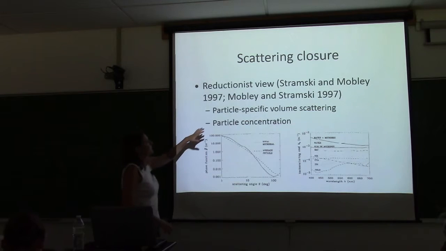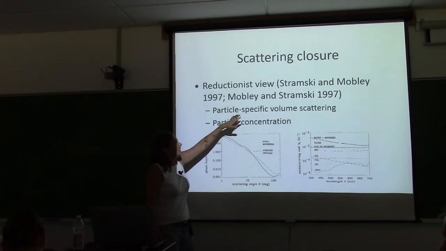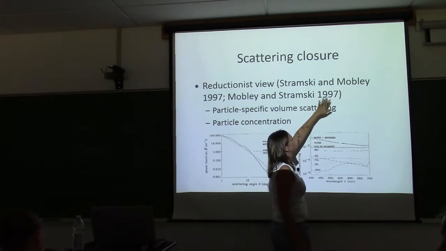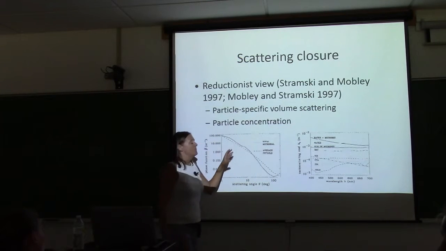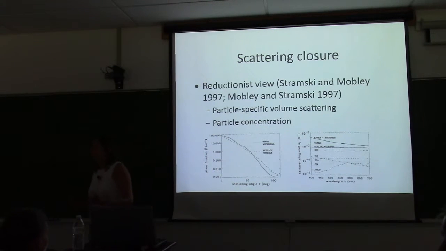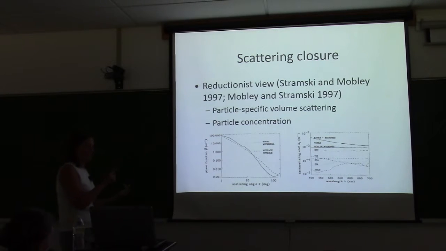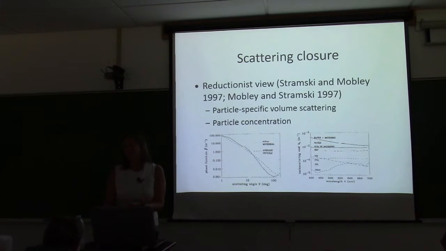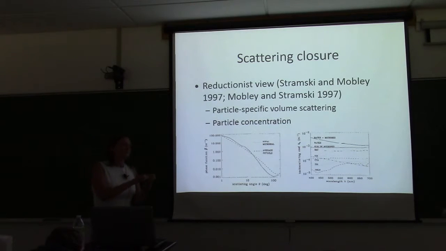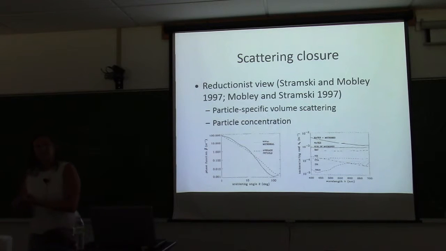The approach that Dariusz Stramski and Curtis Mobley took in '97 was they measured the optical properties of a ton of different kinds of particles: viruses, protists, phytoplankton of different sizes and pigmentation, and mineral particles. They measured the size distribution and the indices of refraction, real and imaginary, and they could predict both the absorption and the scattering and the volume scattering function of all these individual particles.